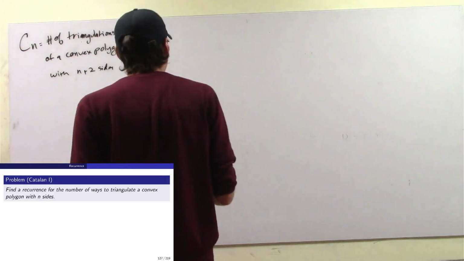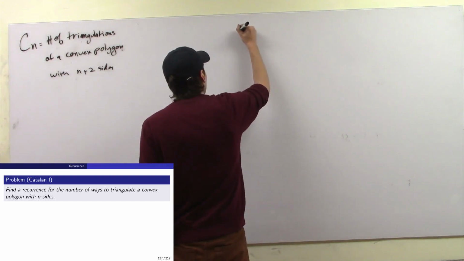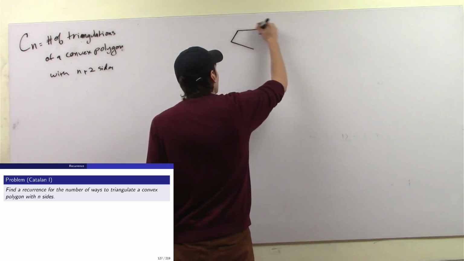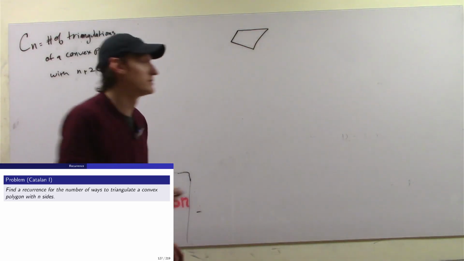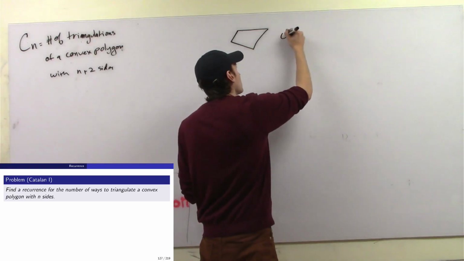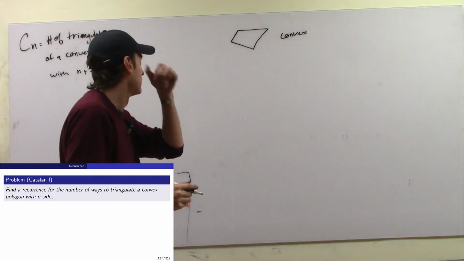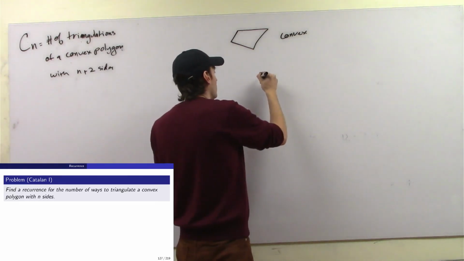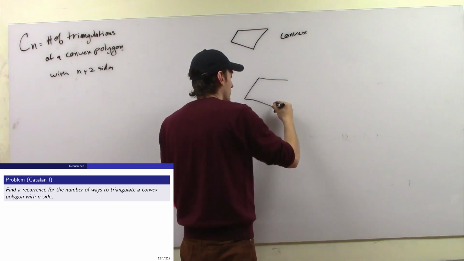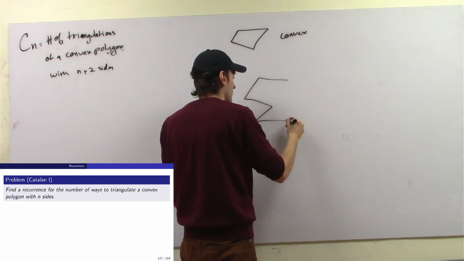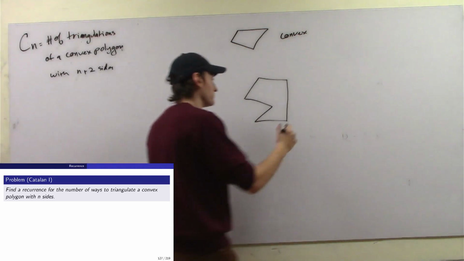So what is a convex polygon? I'll sort of just give a picture. This here is convex. Okay. This thing right here is not convex.